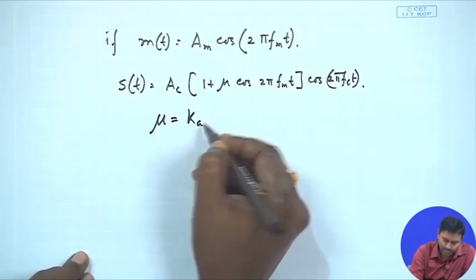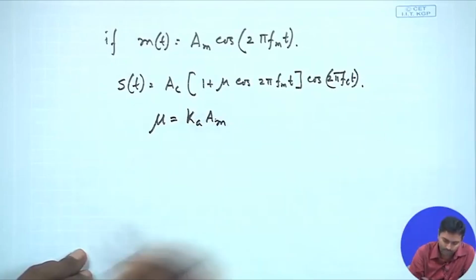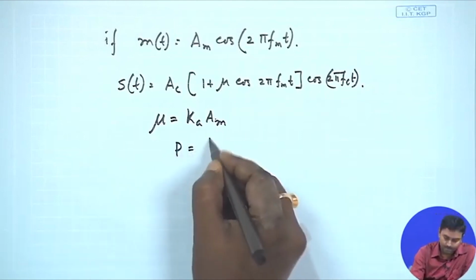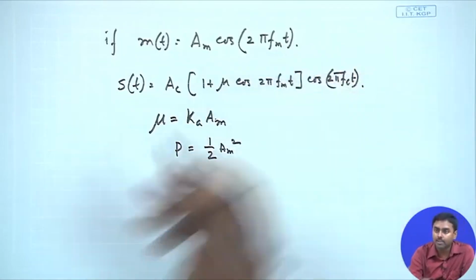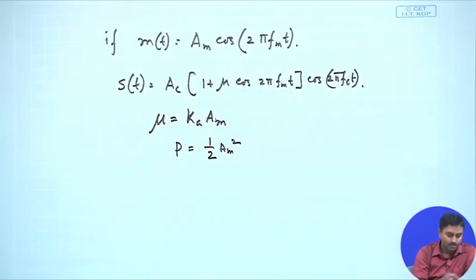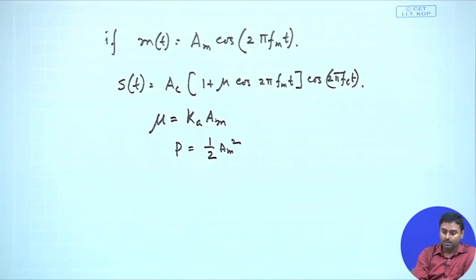That is actually Ka into Am, I can write it this way. Okay. And my power is half Am square because it is a sinusoidal. So, the power should be amplitude square divided by 2, right. So, this is my overall power. Okay.